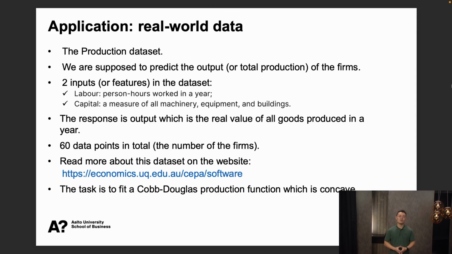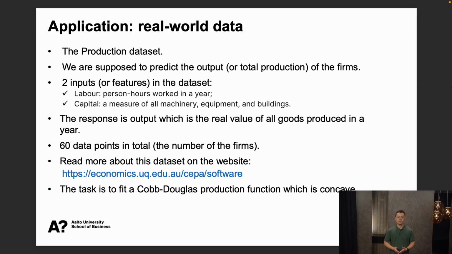Then I would like to give you a real-world example. Here we use the production dataset. We're supposed to predict the outcome, or the total production, of the firms. Here we have two inputs or features in this dataset.